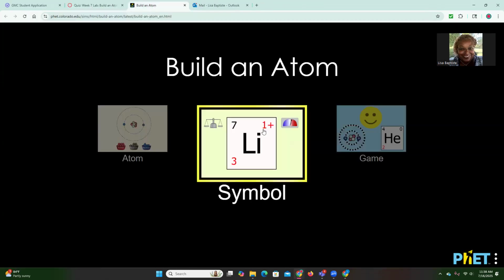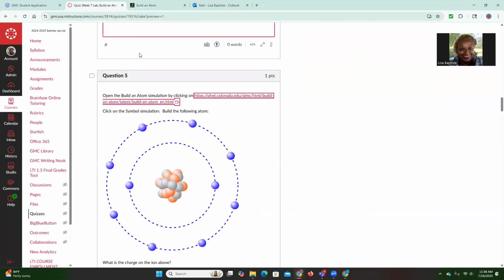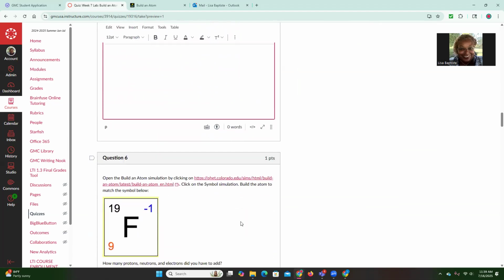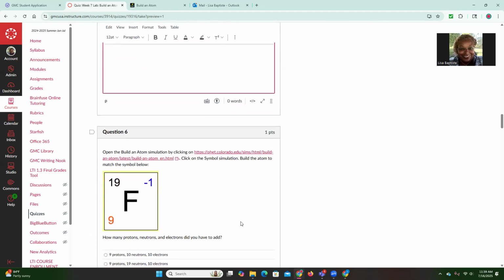We're going to stay there and click on the symbol simulation. Then we want to build the following atom. We want to know what is the charge on the ion above, and it's going to give you that.